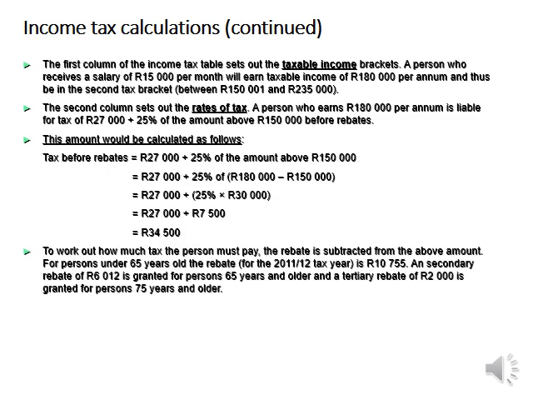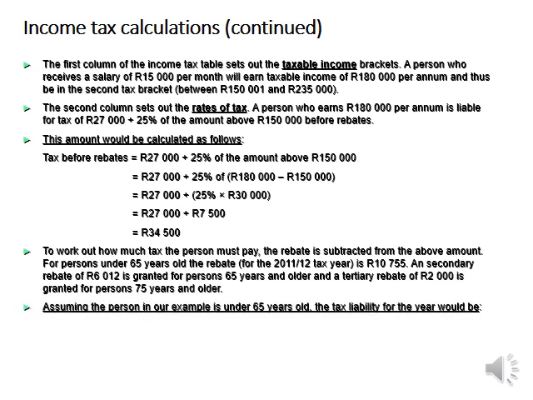To work out how much tax the person must pay, the rebate is subtracted from the above amount. For persons under 65 years old, the rebate for the 2011/12 tax year is 10,755. A secondary rebate of 6,012 is granted for persons 65 years and older, and a tertiary rebate of 2,000 is granted for persons 75 and older.